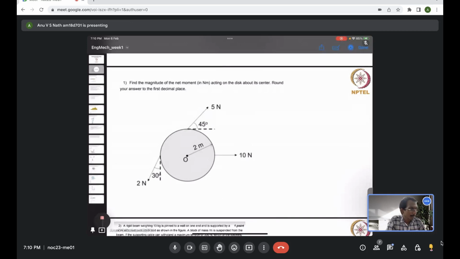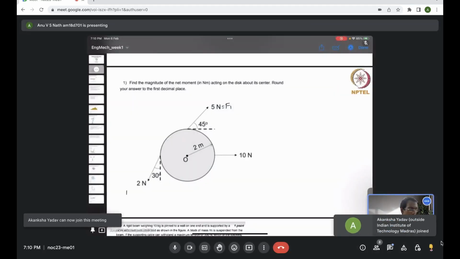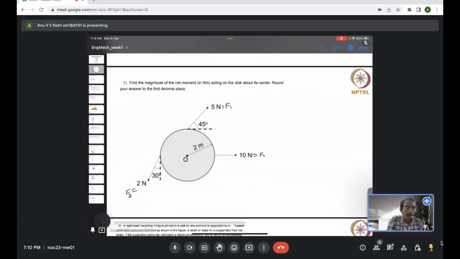Let's say this is F1, 5 Newton, and F2, which is 2 Newton, and F3 is 10 Newton. We have to evaluate the moment about the center O. Okay, so moment about O.